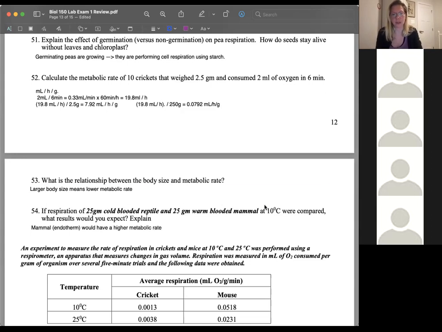And at 10 degrees Celsius, that's pretty cold for a reptile. So their metabolic rate would be way slowed down. It would be very, very nearly hibernational, I think, for most reptiles, because their internal environment temperature is going to match that external environment, because they don't generate body heat.